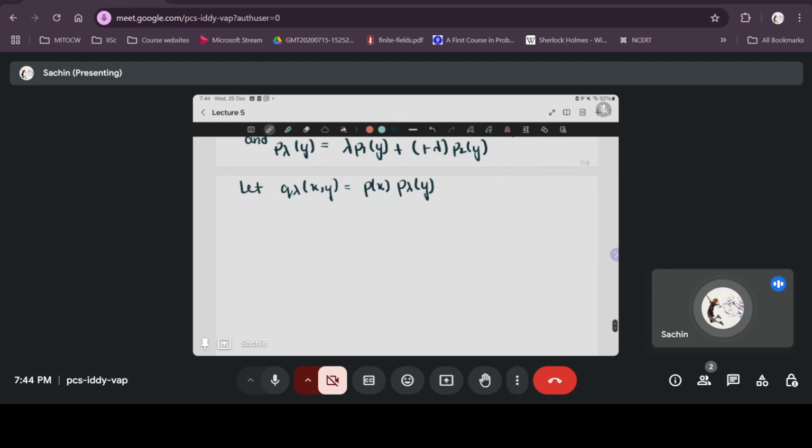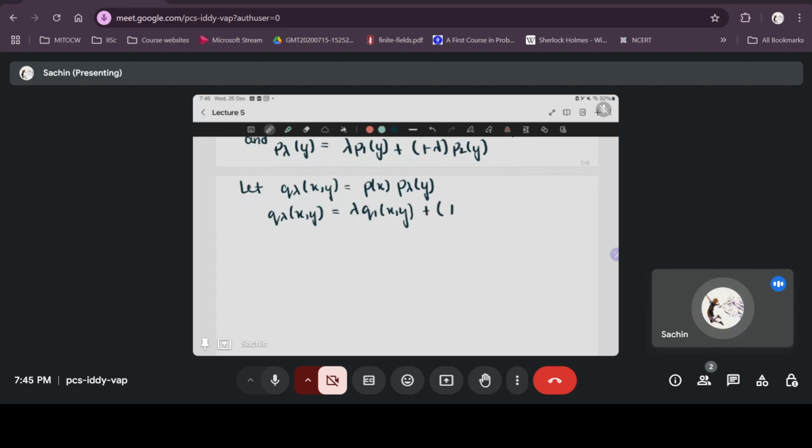From this we have q lambda of x comma y is equal to lambda q1 of x comma y, which is lambda times p of x times p1 of y.